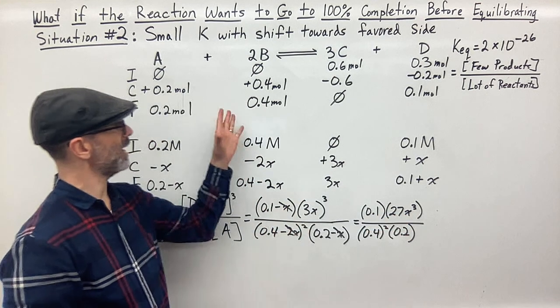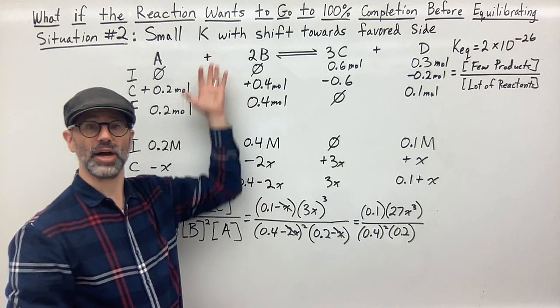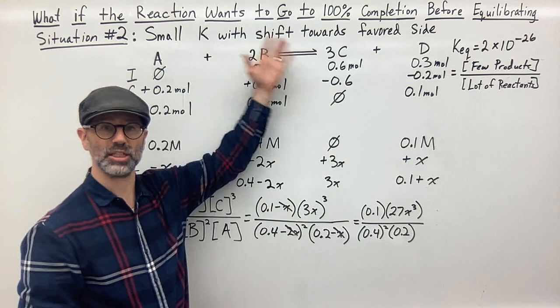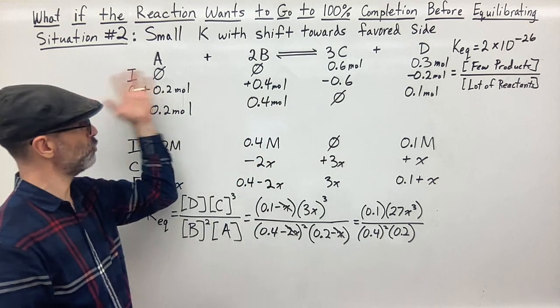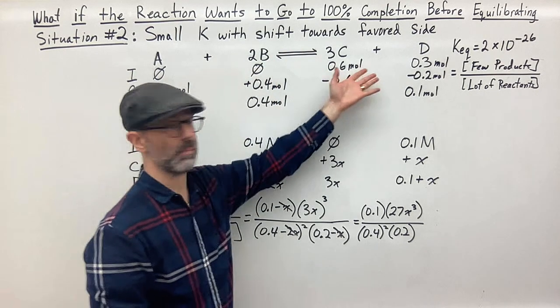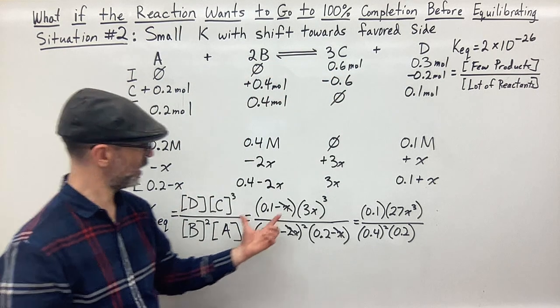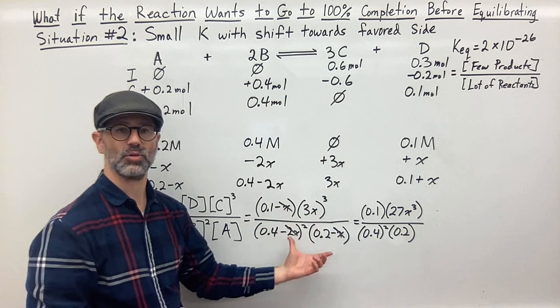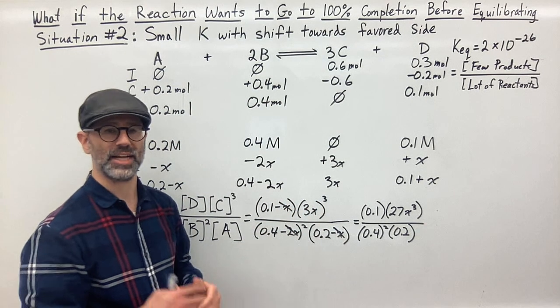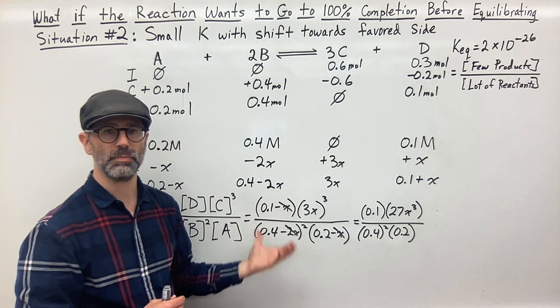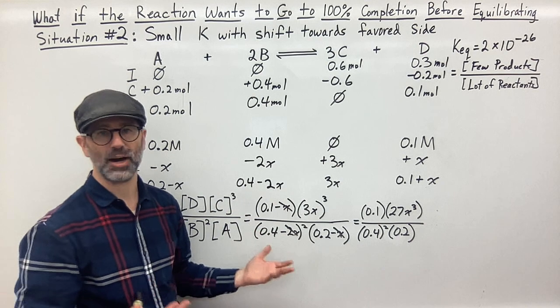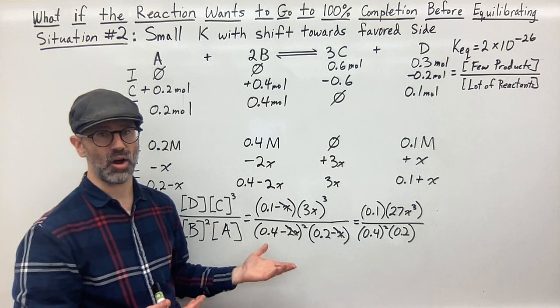Now, if I had tried an x is small approximation here, if I tried to do an ICE table with the original amounts, I would have gotten a very similar equation, where I would end up with an x cubed or x to the 4th power that I was not going to be able to solve very easily at all.